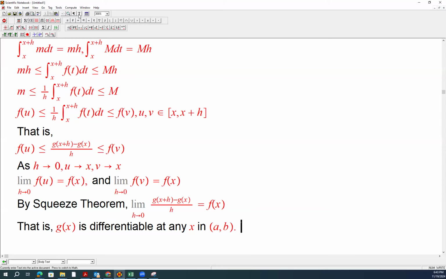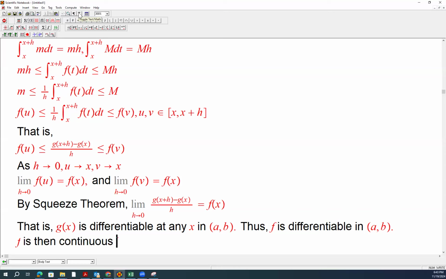Thus, f is differentiable inside (a, b). So now, if f is differentiable inside (a, b), then f is continuous in (a, b).